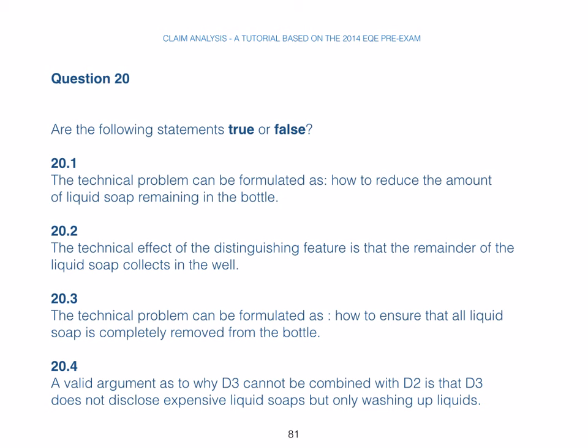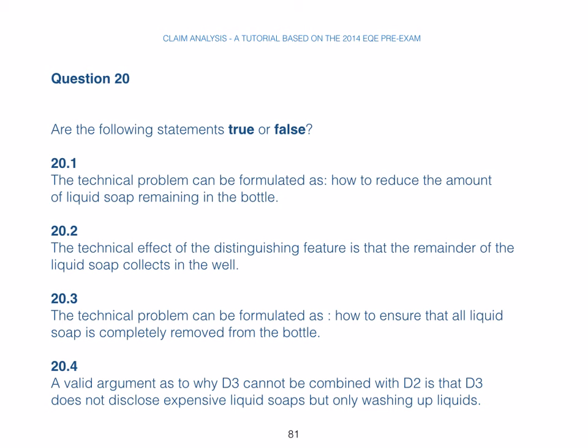So for 20.1, the technical problem, normally we will find a basis for the technical problem in the client's description, and for this we would need to look at paragraph 07 and make up our minds from this paragraph whether the problem is properly stated, true or false.